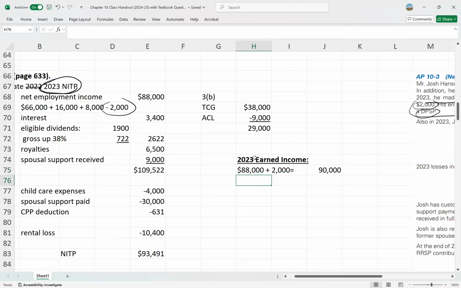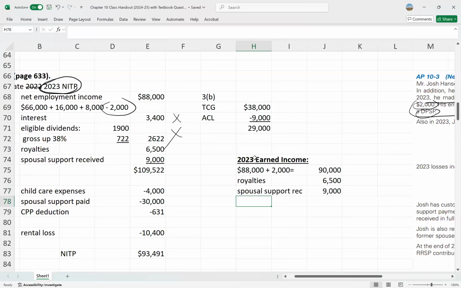We have the royalty. So the interest does not count. The eligible dividends do not count. The royalties do. That's going to be the 6,500. The spousal support received, the 9,000 is included.